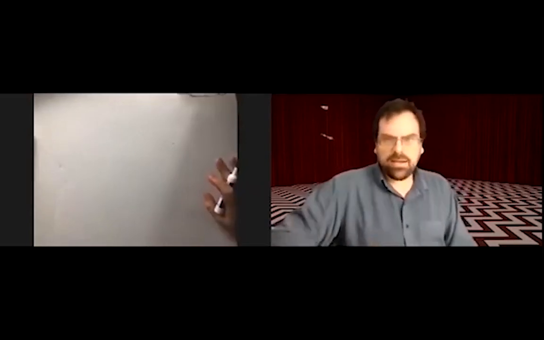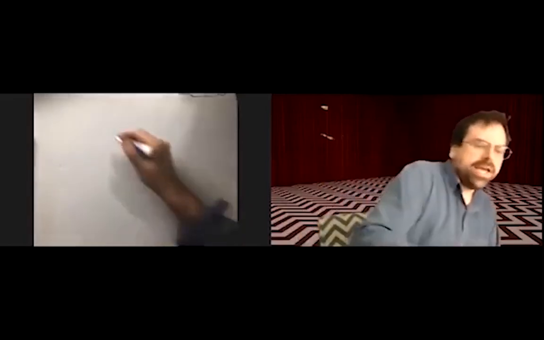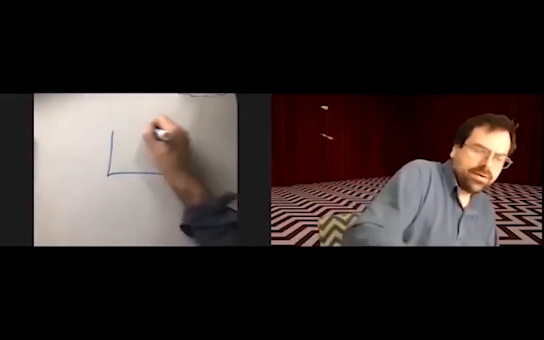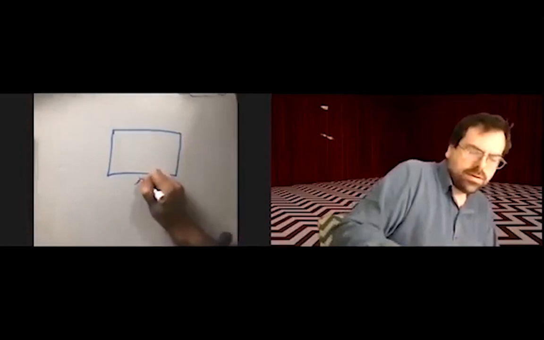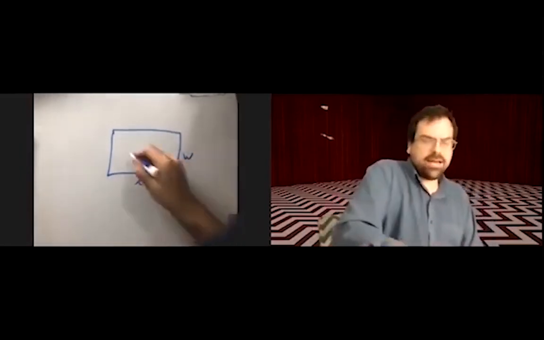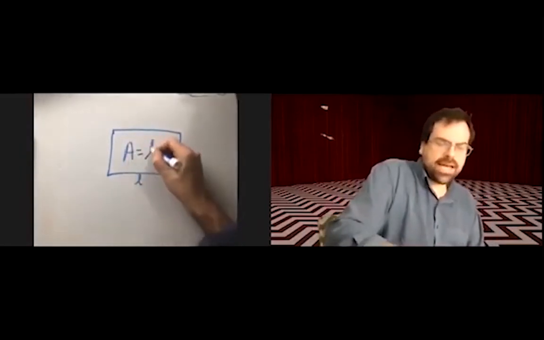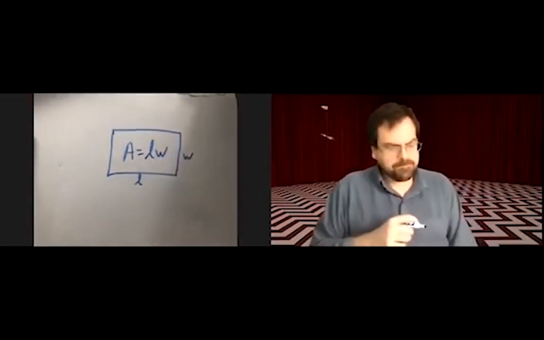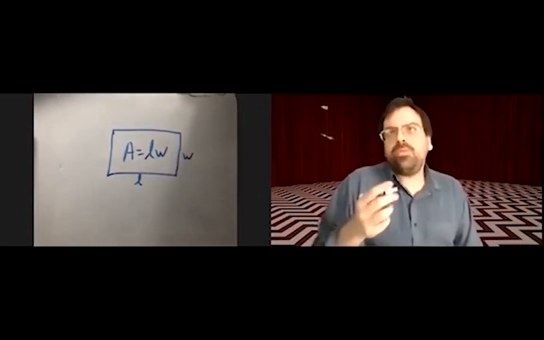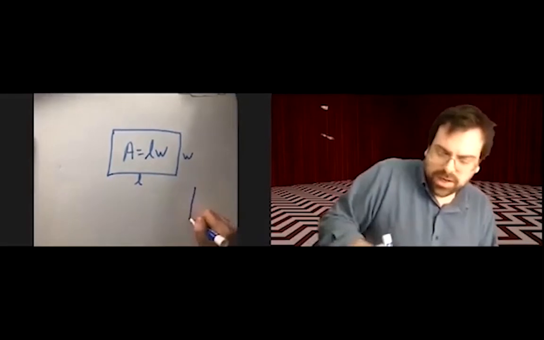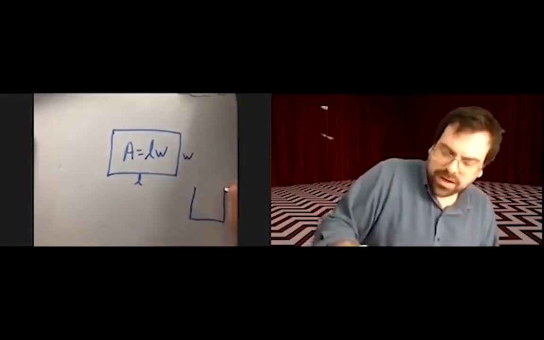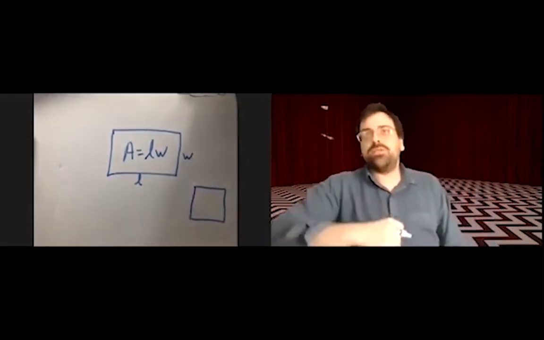Now that we know everything we need to know about multiplying decimals, when we multiply length times width, what is that? That's the area of a rectangle, length times width. If we had a square, what makes a square and not just an ordinary rectangle?